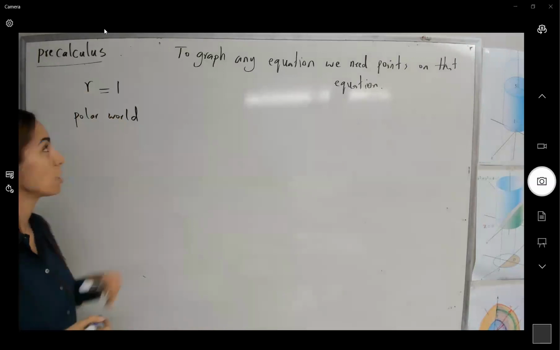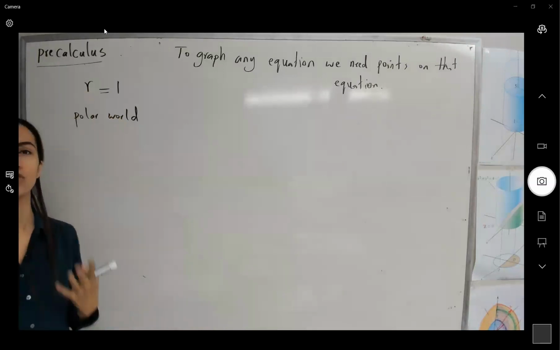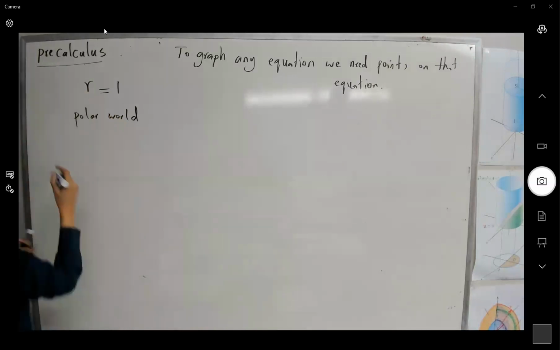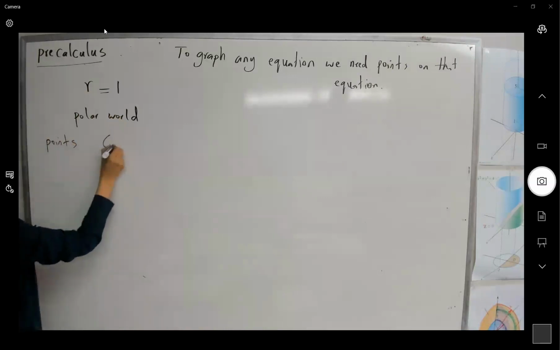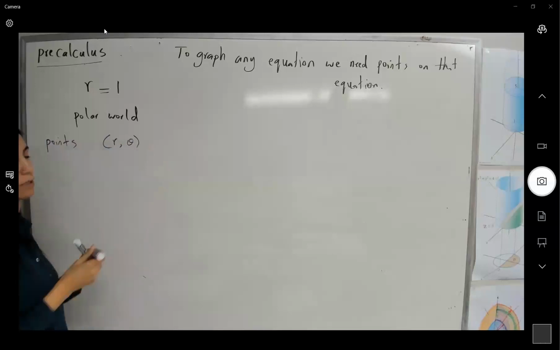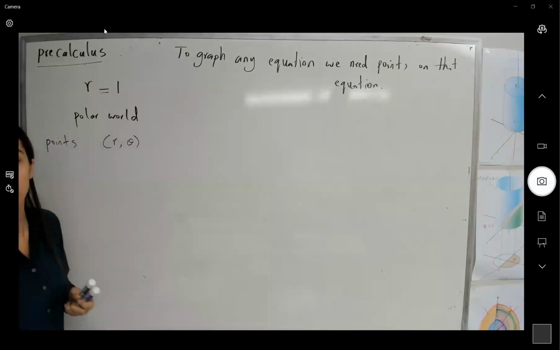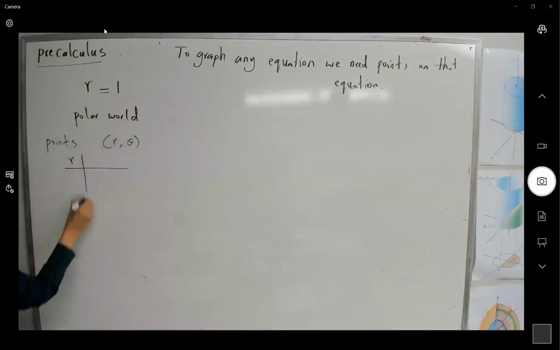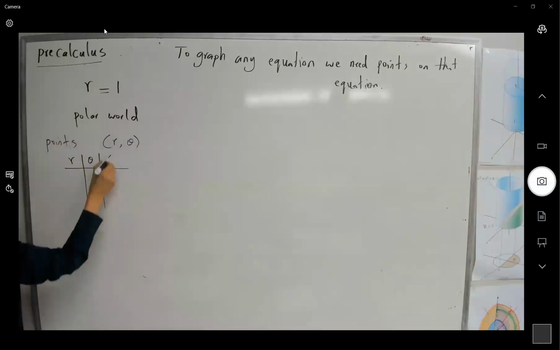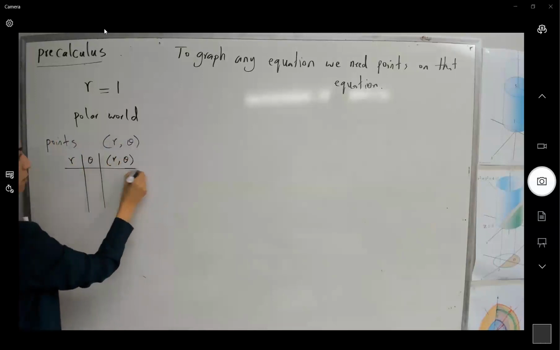What points are on this equation, satisfy this equation? Points in this world are r and theta, right? So we need some r, we need some theta to be able to graph them.